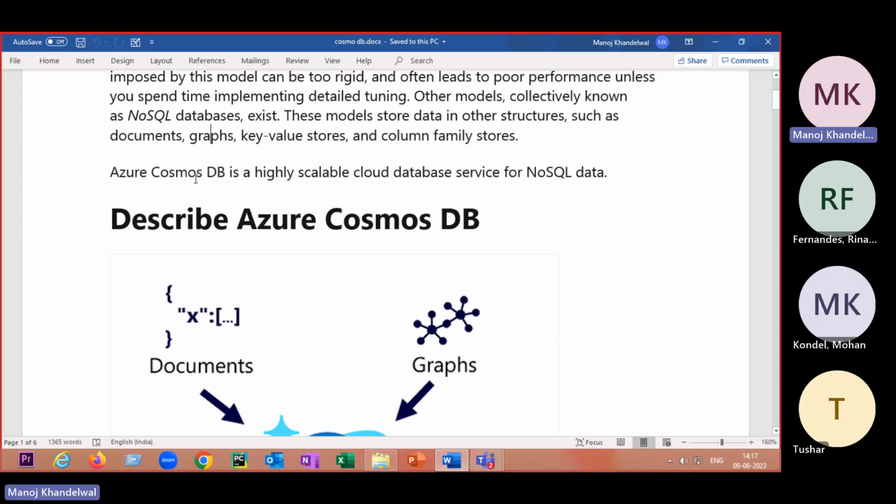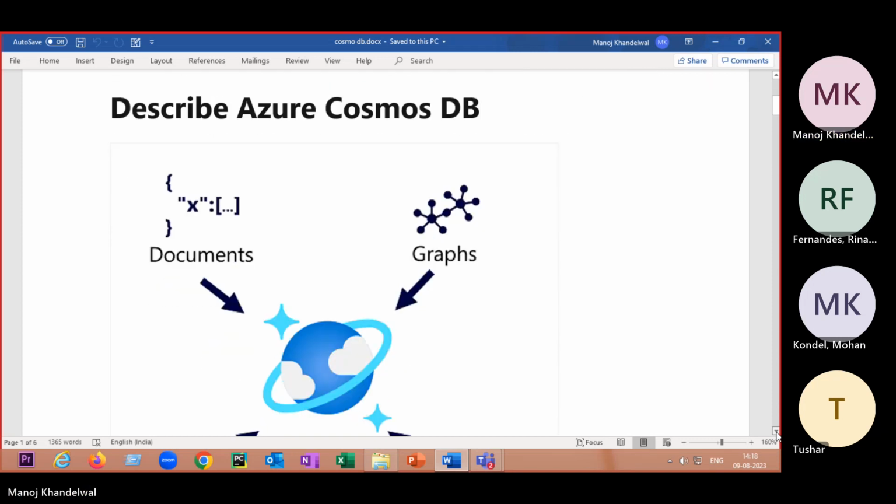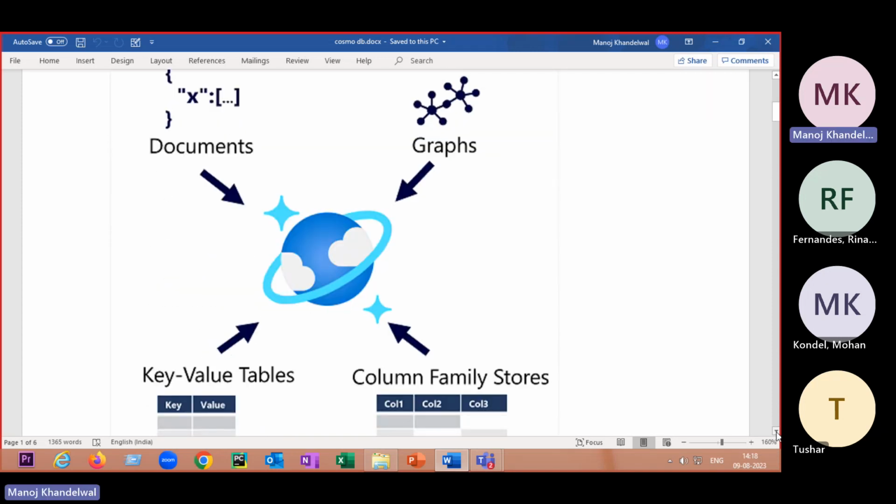Azure Cosmos DB is a highly scalable cloud database service for NoSQL databases. If you want to use a NoSQL database, you have to take this service from Azure Cosmos DB. For SQL, Azure SQL, maybe in the next class I'll explain how SQL works in the Azure cloud.